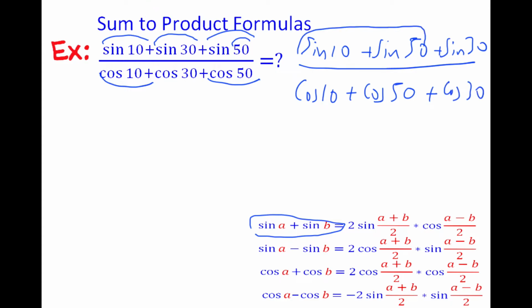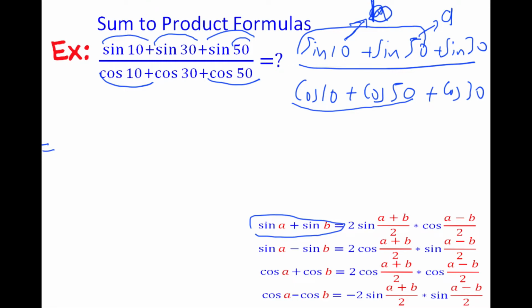We're going to write these functions correspondingly, and then we're going to go from there. So this is going to be equal to, guys, sine 10 plus sine 50. We can again think of A as 10, right? Actually, I always recommend you think of the bigger one as A. So this is A, and this is B, guys.